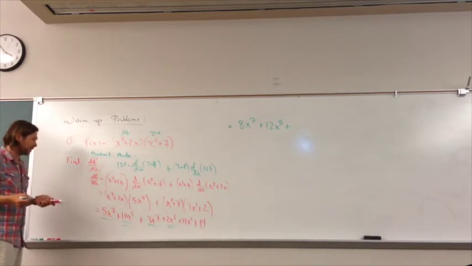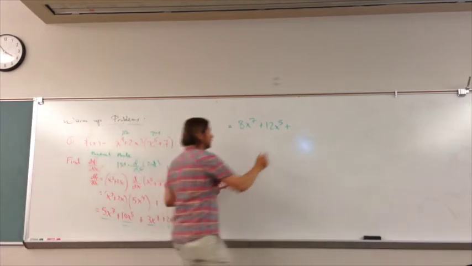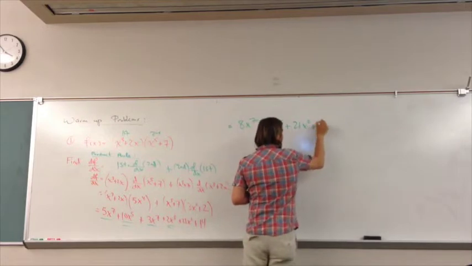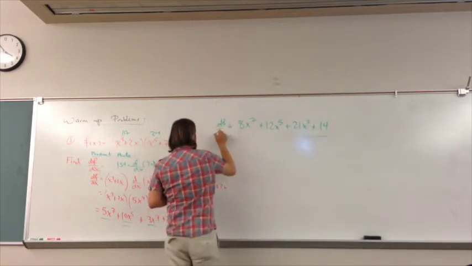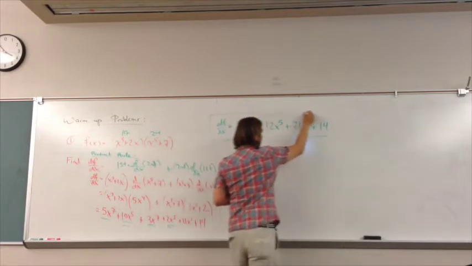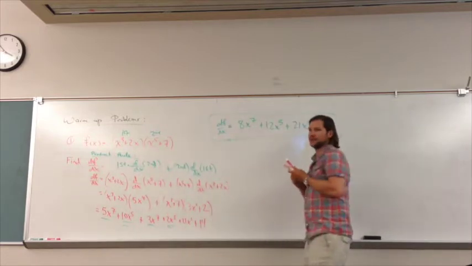And then I have 21x squared and 14. Okay, so that's my derivative, df/dx, is equal to that.